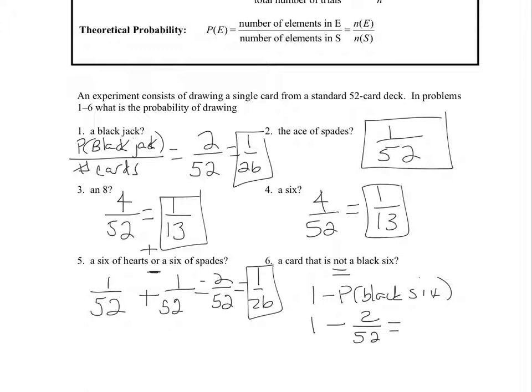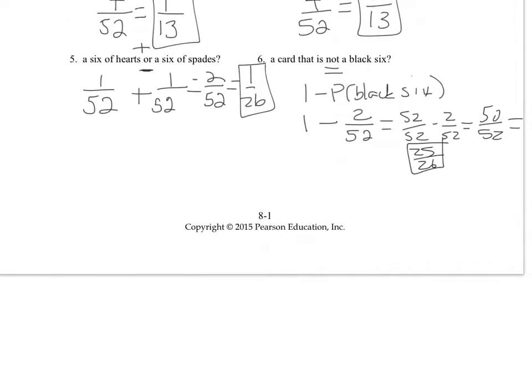So if I get a common denominator, that would be 52 over 52 minus 2 over 52, which gives me 50 over 52, which would reduce down to be 25 over 26. So a very high probability that I would not end up with a black 6.